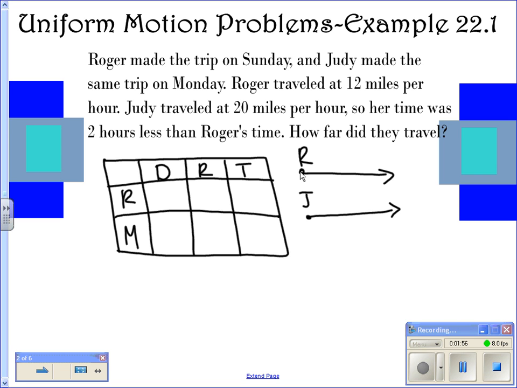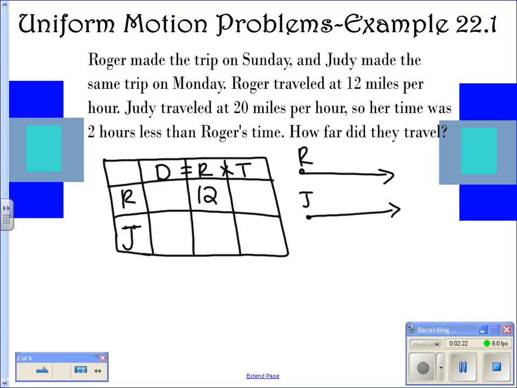Does that make sense? So distance equals rate times time. That's your formula, right? What do they tell us that we can fill in? This is Roger and this is... oh, not M. I don't know where I got M. What do they tell us? So Roger here, 12.